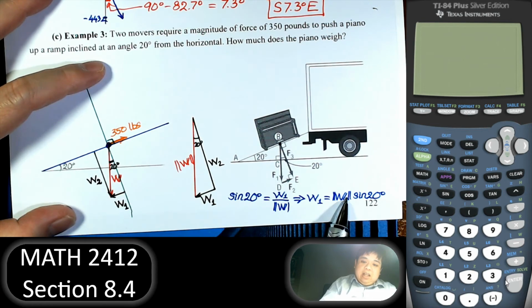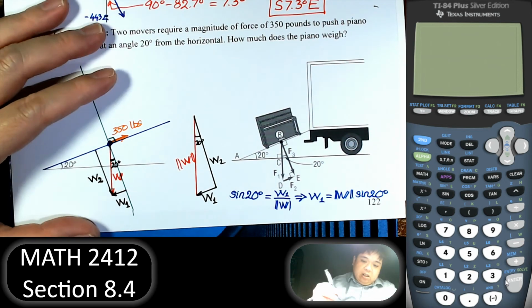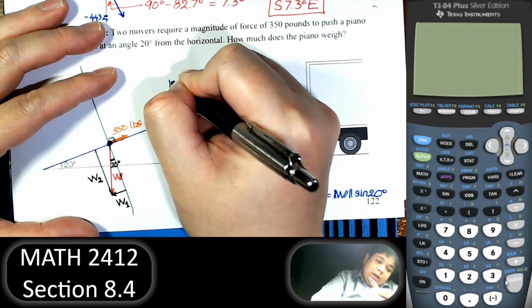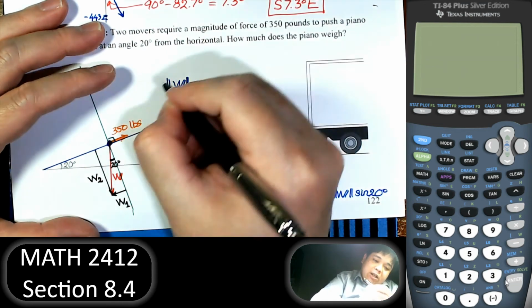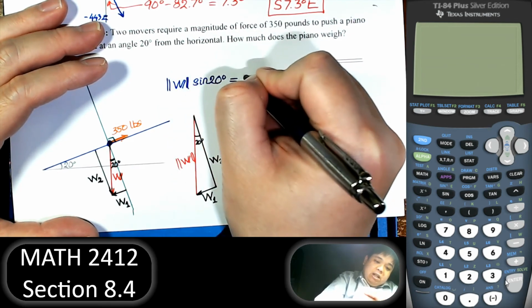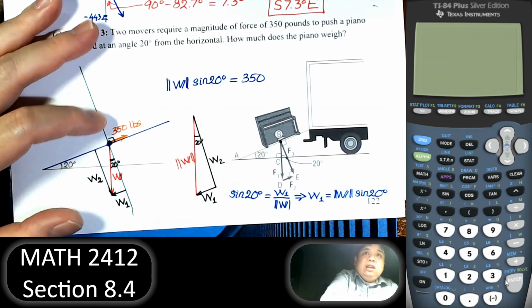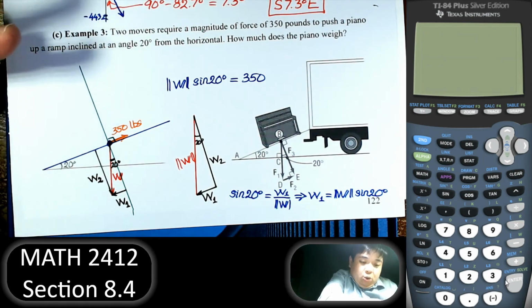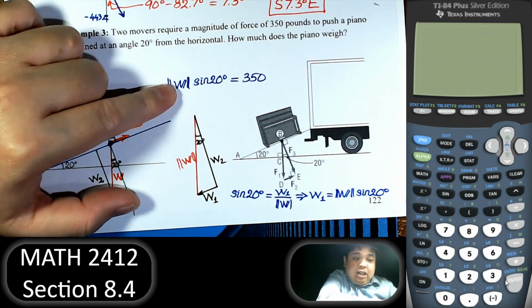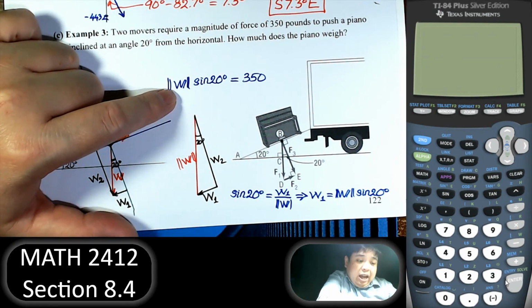So we make those equal to each other, and we say the weight times sine of 20 degrees has to be equal to 350 if we want to push it. And this is the maximum weight we can have.